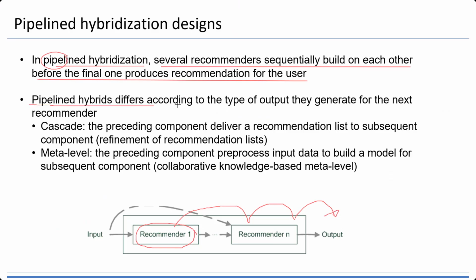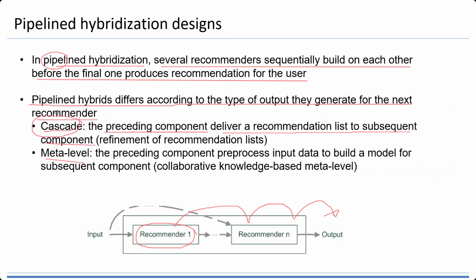Pipeline hybrids differ according to the type of output they generate for the next recommender. We have two, which are cascade and the meta level. Cascade means the preceding component delivers a recommendation list to the subsequent component.